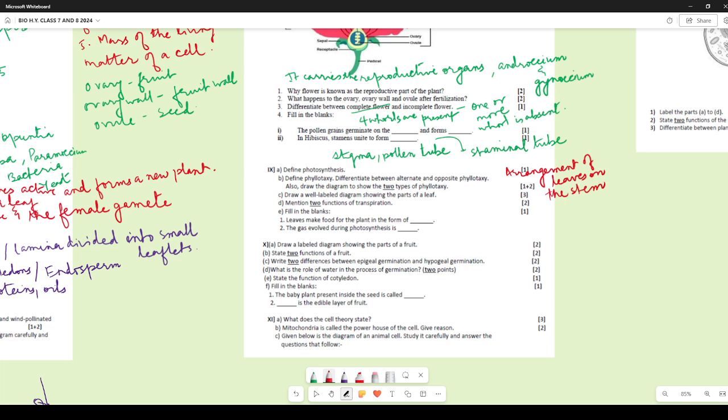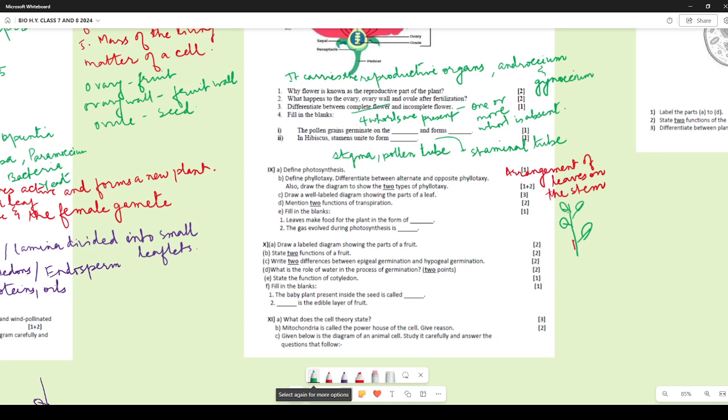How are the leaves arranged? Differentiate between alternate and opposite phyllotaxy. Also draw the diagram to show these 2 types of phyllotaxy. If we are looking at alternate phyllotaxy, it will be like this, let me use green color. What is this?